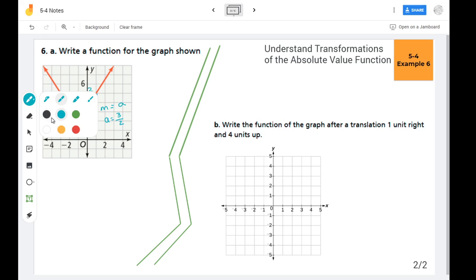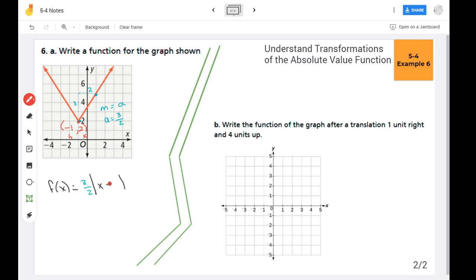So if I start writing out my function, I have f of x equals, alright, and that a value goes right here. Now the vertex of this function is at the ordered pair -1, 2. So that -1 is my h value.